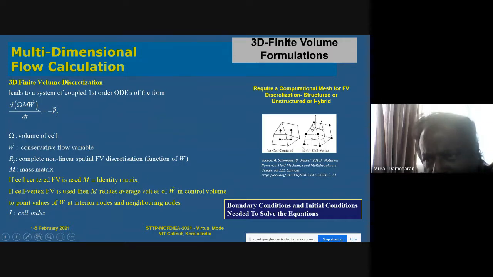People use cell-centered and cell-vertex arrangements. There are benefits for both. We will talk about it in maybe a later CFD course or something like that. And for all this, that's how it is solved.